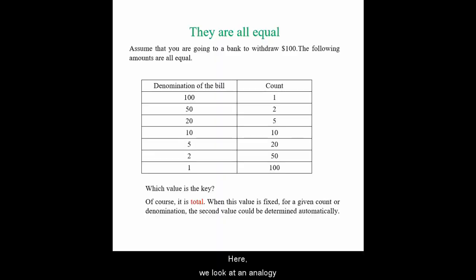Here we look at an analogy. Assume you are going to a bank to withdraw $100. The following amounts are all equal: one $100 bill, two $50 bills, twenty $5 bills. Which value is the key?